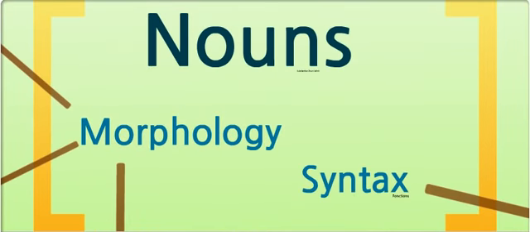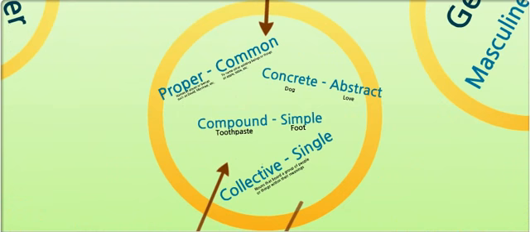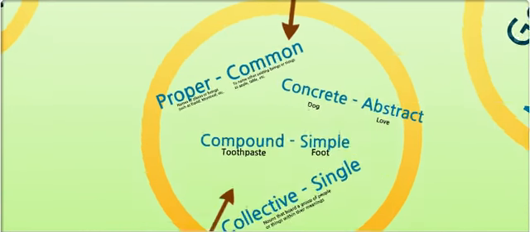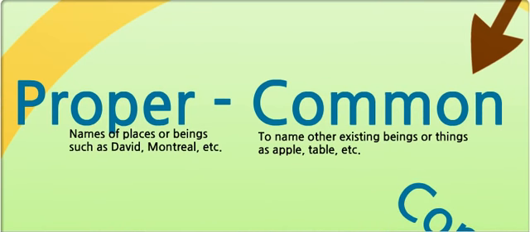Then, again, talking about morphology, we can talk about the categories of nouns. Nouns can be proper or common. Proper when they talk about specific names of things or people or places. For instance, David, Montreal, Canada, United States of America, Isabel, or Pachito.